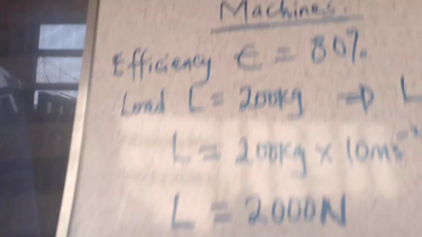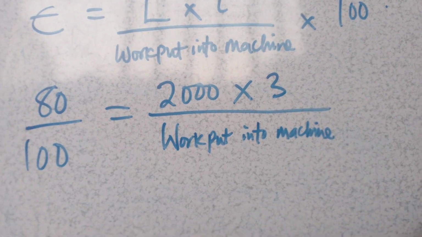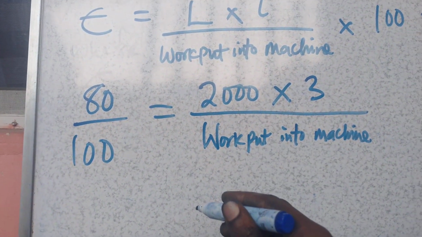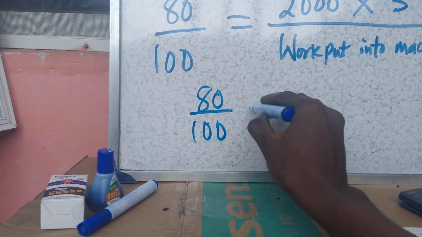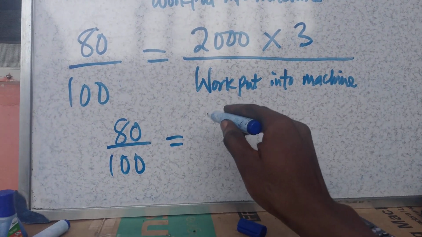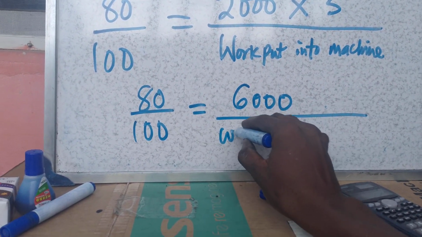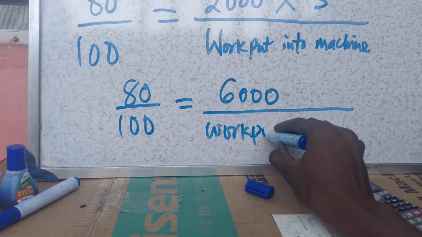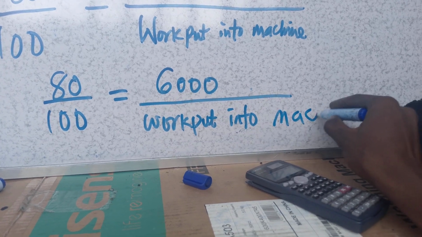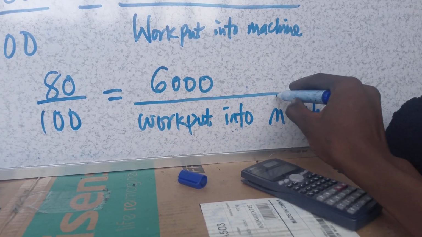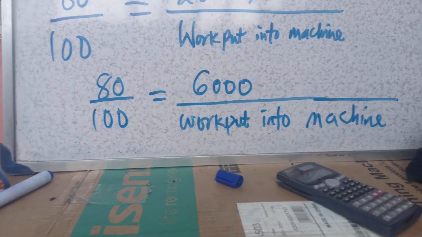When we converted 80% to a fraction, we had 80 over 100 equals 2000 times 3, and 2000 times 3 gives 6000, divided by the work put into machine.